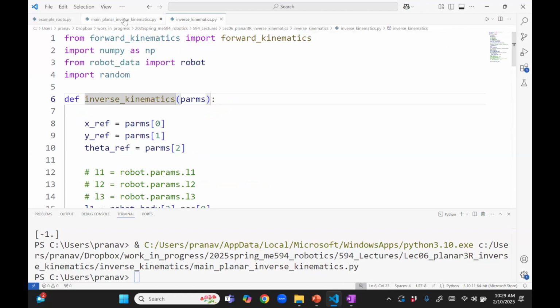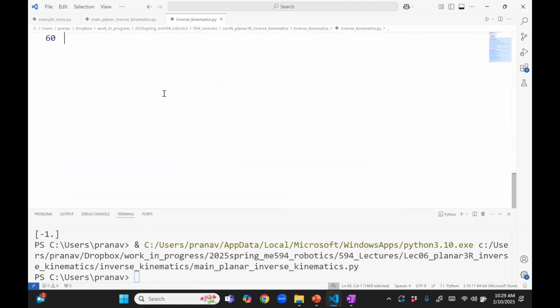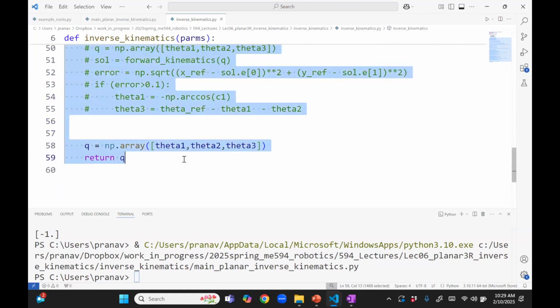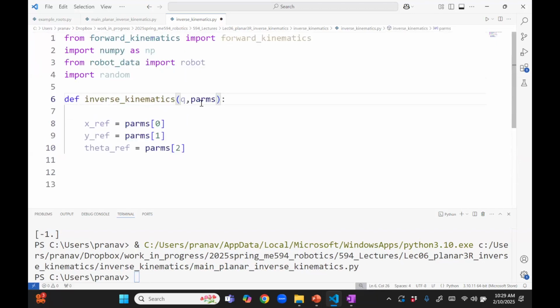Okay, here it is. Save this. I don't think I need any of this, but I do need to unpack this. So Q is the first argument, the parameters is the second one.